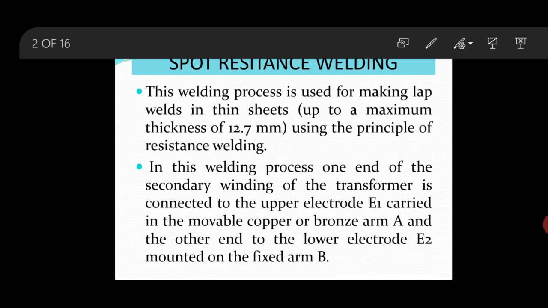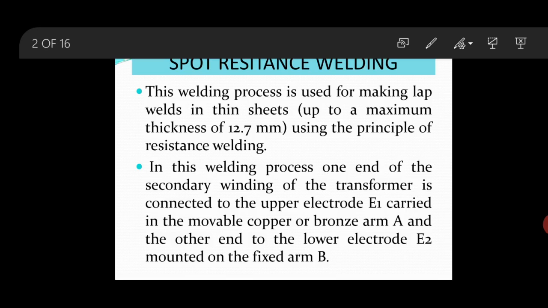So spot resistance welding is used for making lap welds in thin sheets up to a maximum thickness of 12.7 millimeter, using the principle of resistance welding.